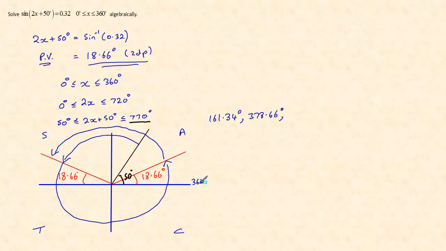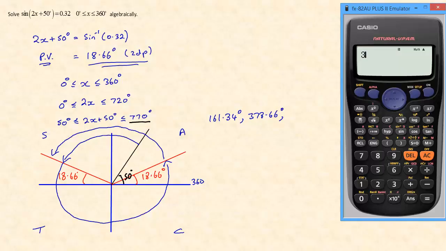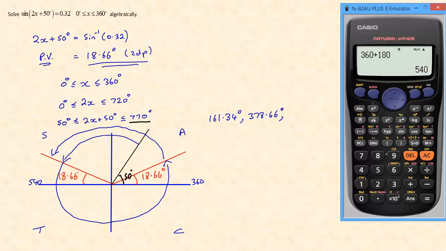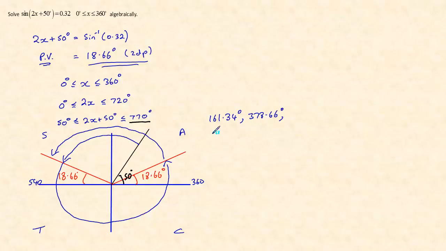Now 360 add 180 would put us at 540. So when we reach this again, it's going to be 540 take away 18.66. It's 18.66 before we get to 540. So that's 521.34.